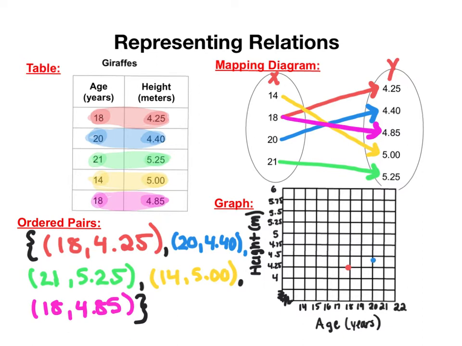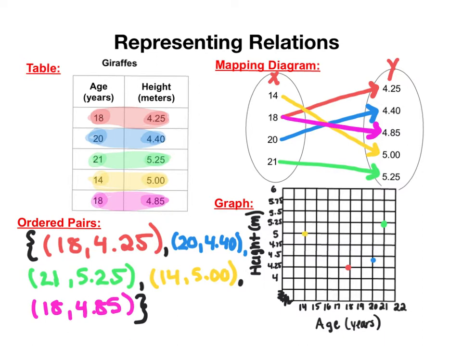Then I have the 21 goes with the 5.25. So I go over to 21 and up to 5.25, which is here, I can plot my point. Then I have the 14 with the 5. So I can find that point on my graph. So I would go to 14 and up to 5, which is right here.